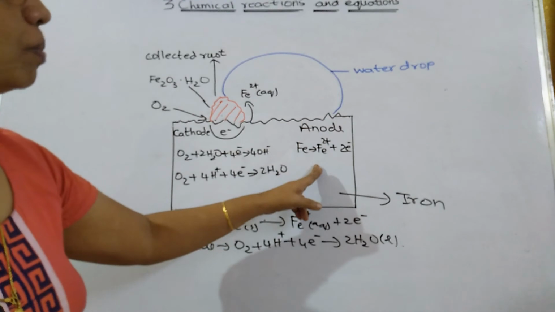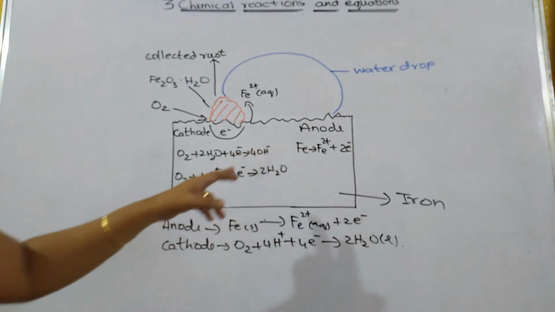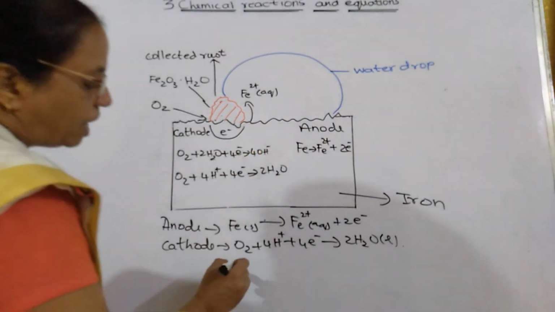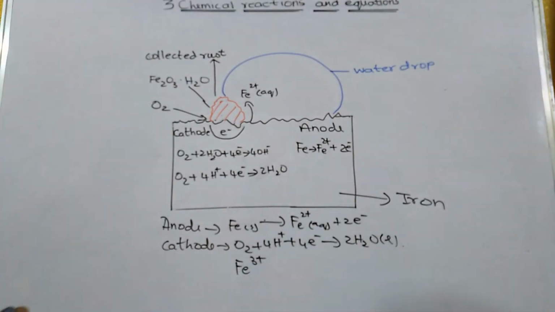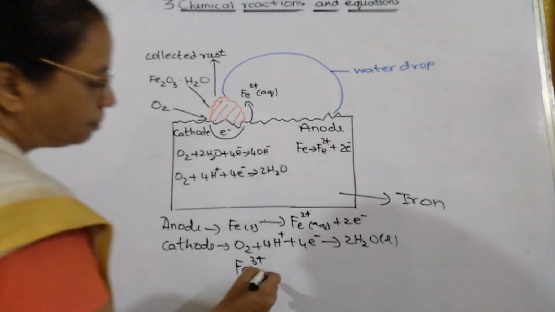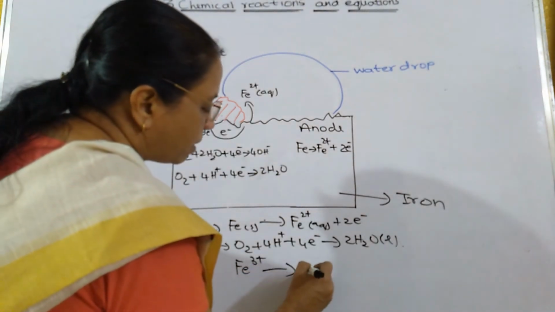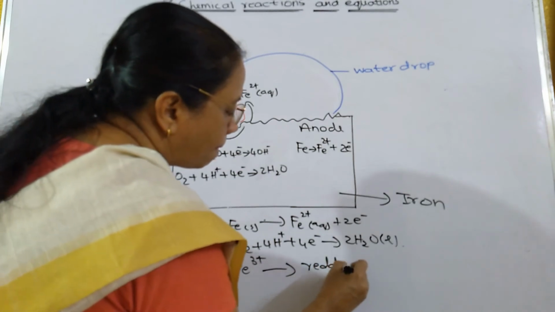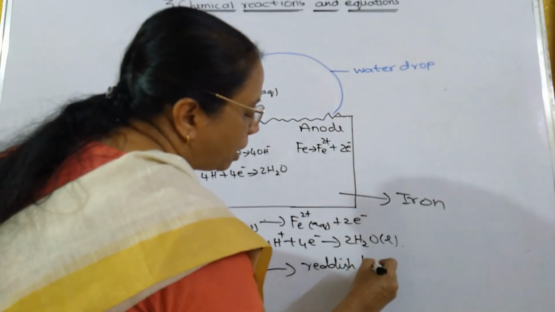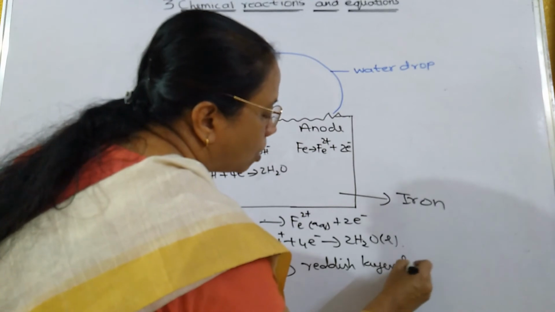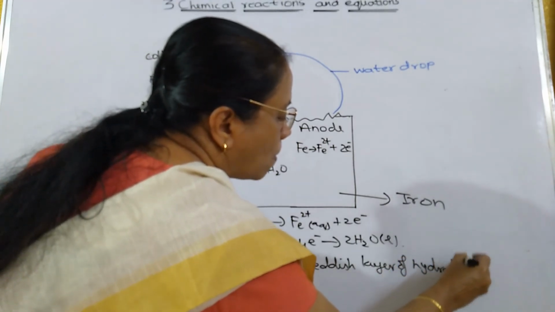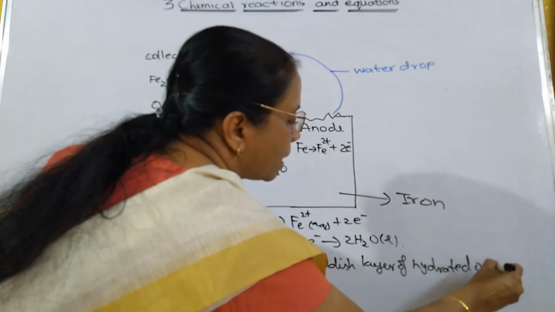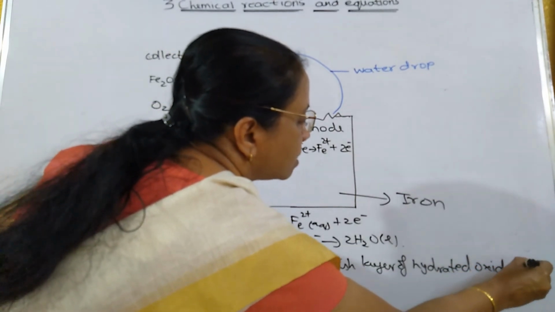Now when this Fe2+ combines with the water molecule, it gets further oxidized to form Fe3+, and this Fe3+ forms the reddish color, reddish layer of hydrated oxide, which is known as rust.